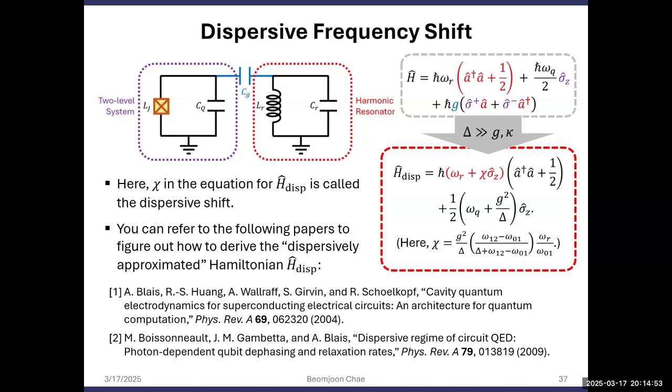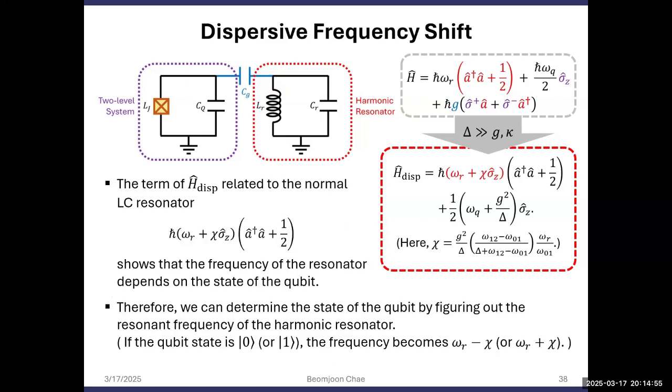As you can see, the first term of the Hamiltonian in the red rectangle means the frequency of the harmonic resonator depends on the state of the qubit.